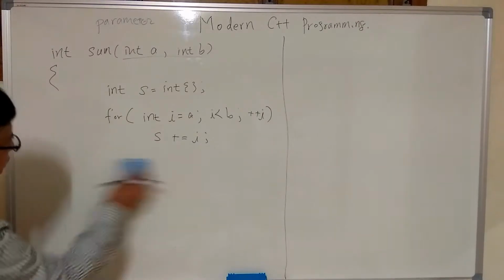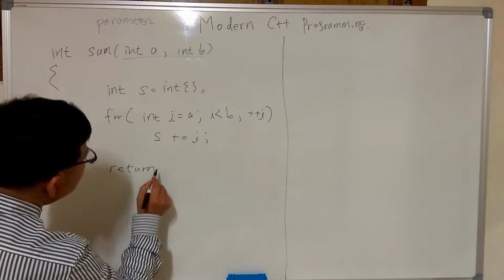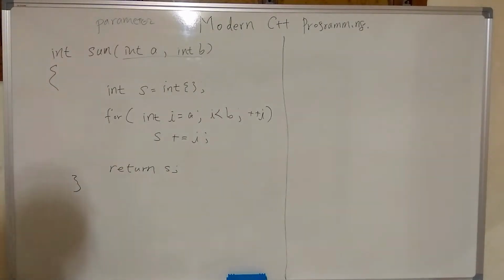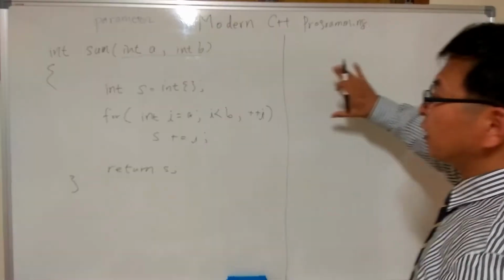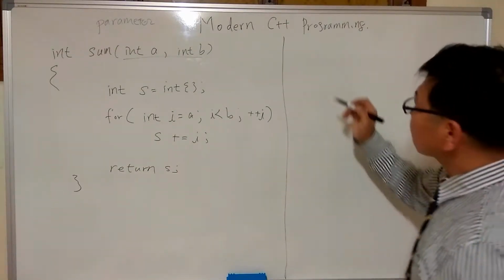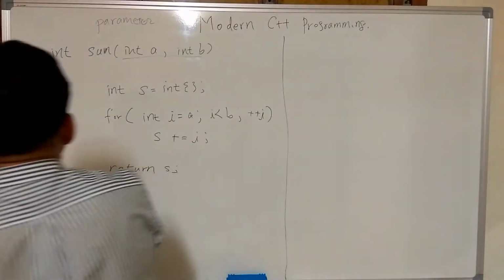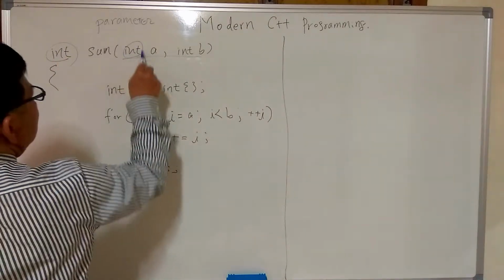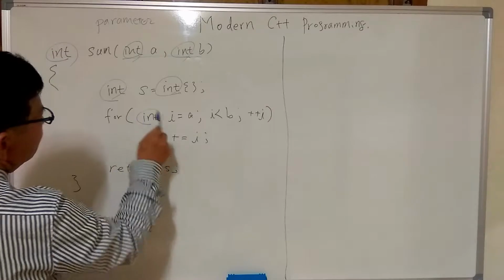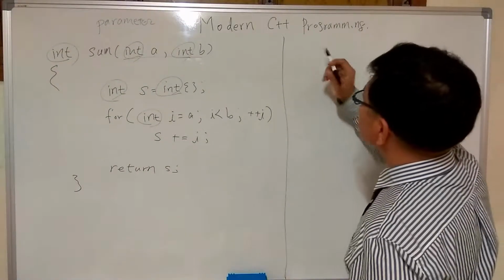Now we return. I will make it smaller. Return S, like this, close. Now here I will translate it into auto using the keyword auto. Instead of type int, I will change into auto, like this.